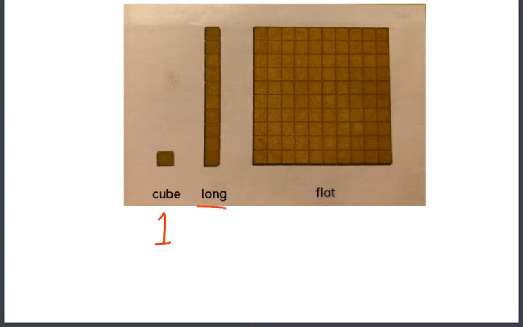This one right here is a long, and it represents 10 because it is made up of 10 cubes. We can see them. 1, 2, 3, 4, 5, 6, 7, 8, 9, 10. This one long is worth 10 because it is made up of 10 cubes.